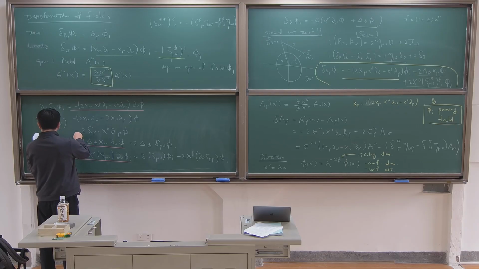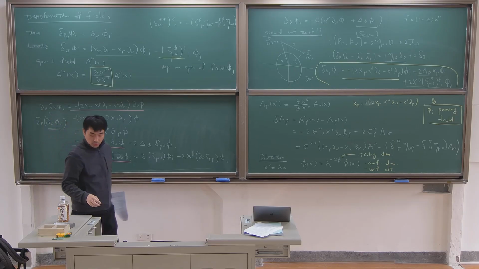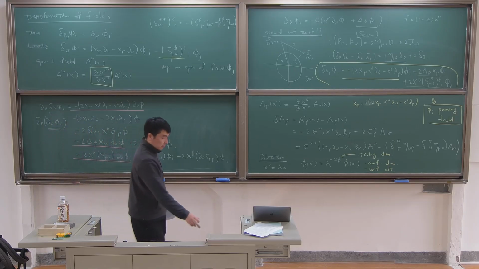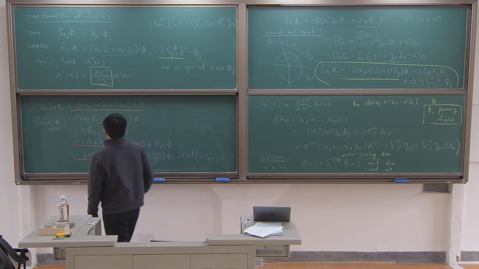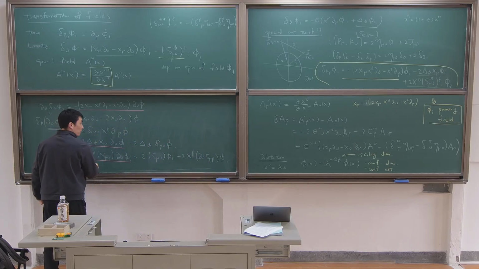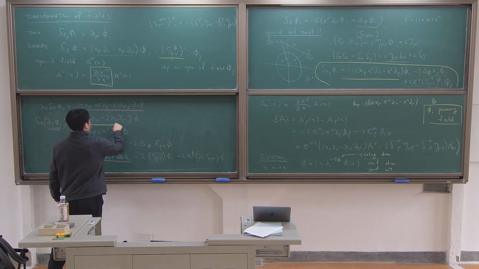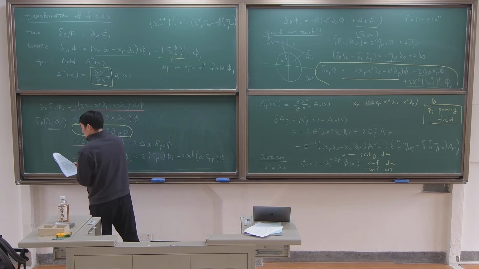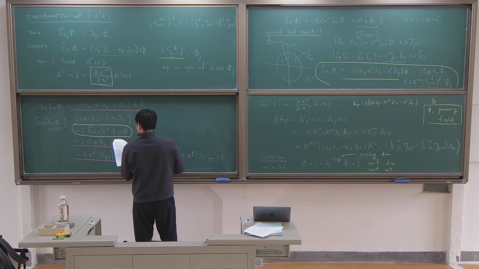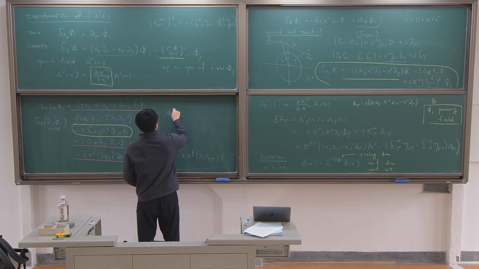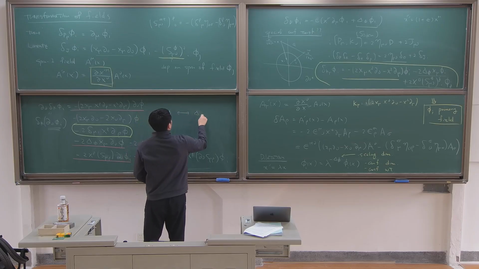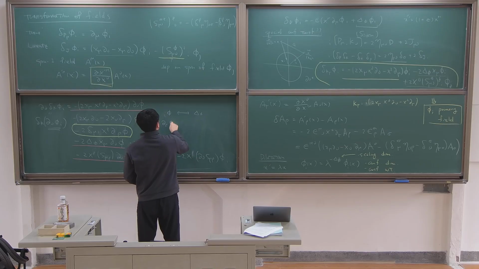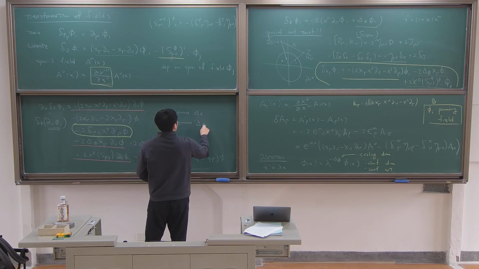If you combine them together, you can conclude that phi has a conformal dimension delta phi, but partial mu phi has a conformal dimension delta phi plus 1.